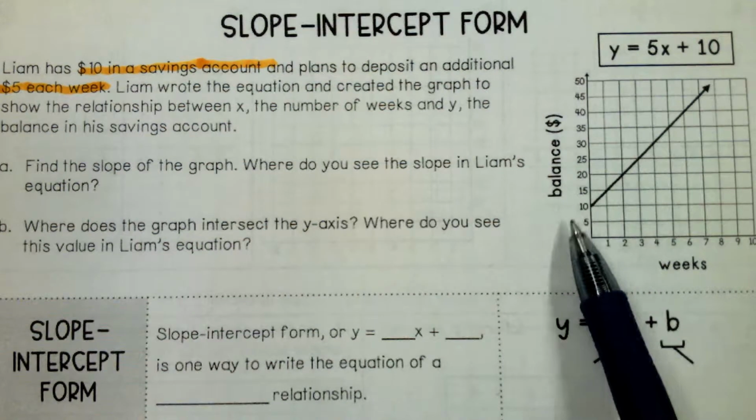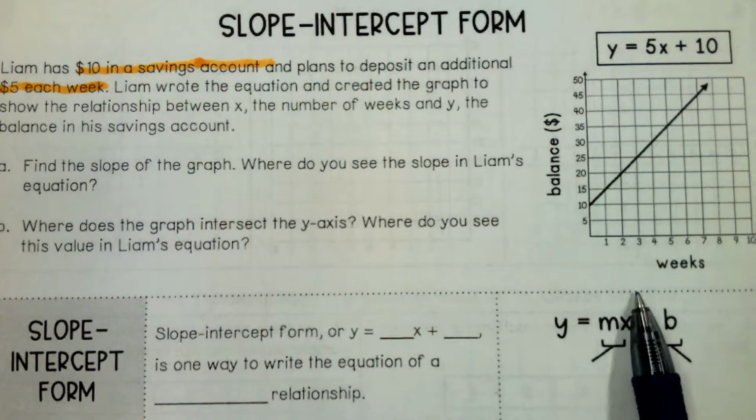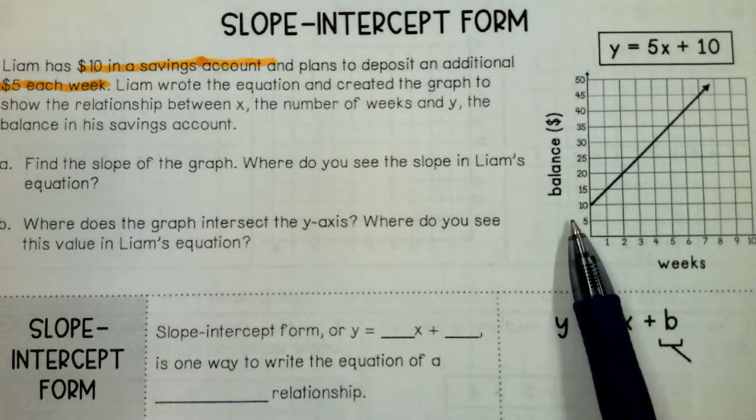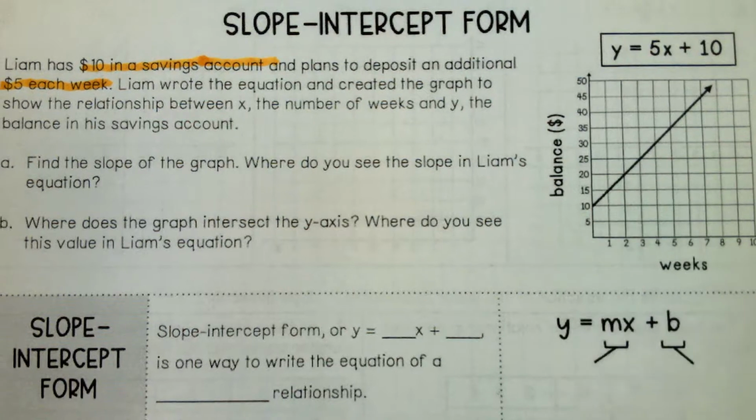Okay, and this line represents how much he'll be saving week by week. So this is the balance on the y-axis, basically the money in his account, and it's growing. And this is measuring every week.